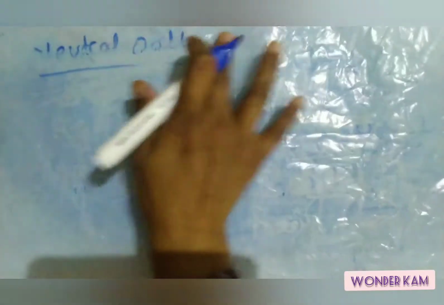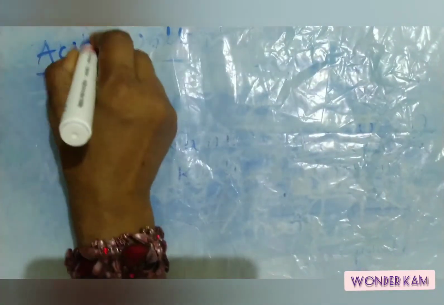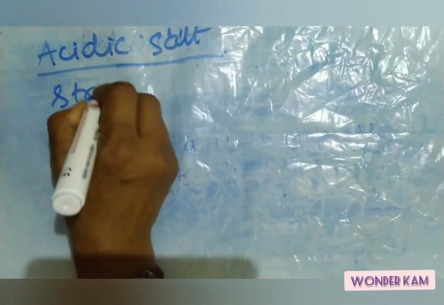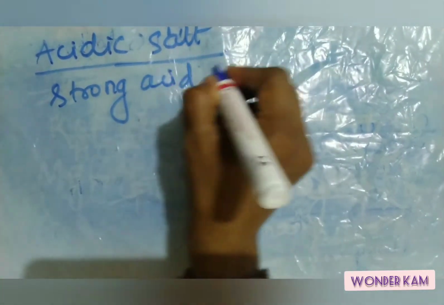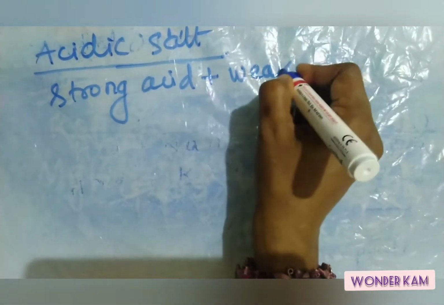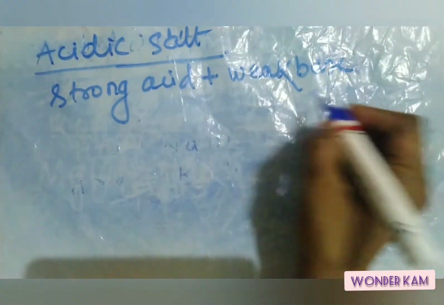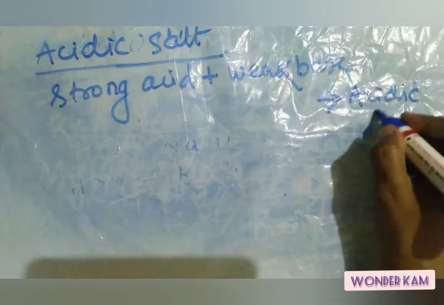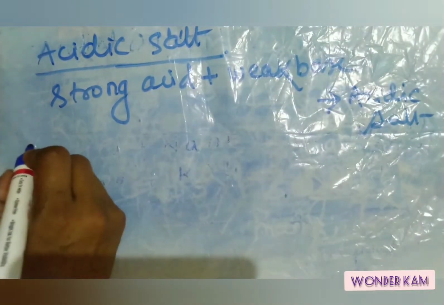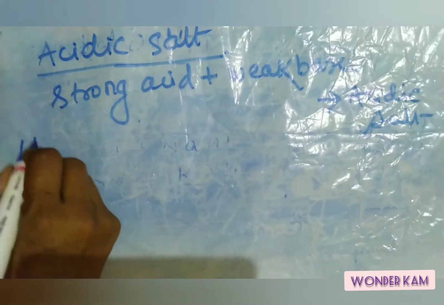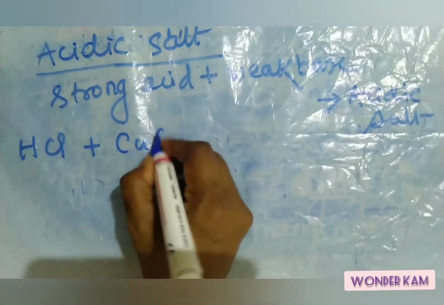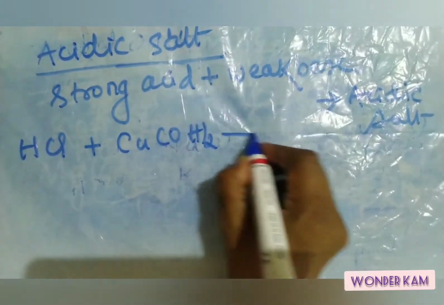Then the second type of salt is acidic salt. Such salts are formed when a strong acid reacts with a weak base. Suppose we take one example of a strong acid, HCl, plus a weak base, suppose copper hydroxide.